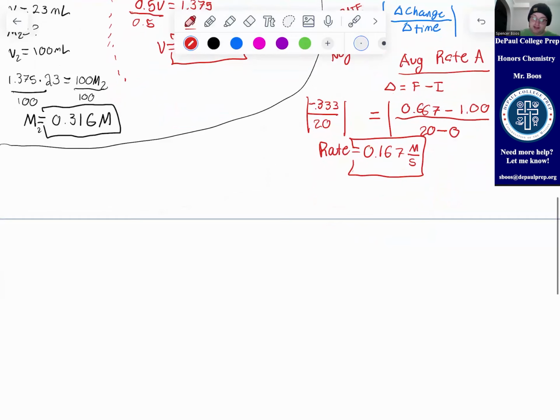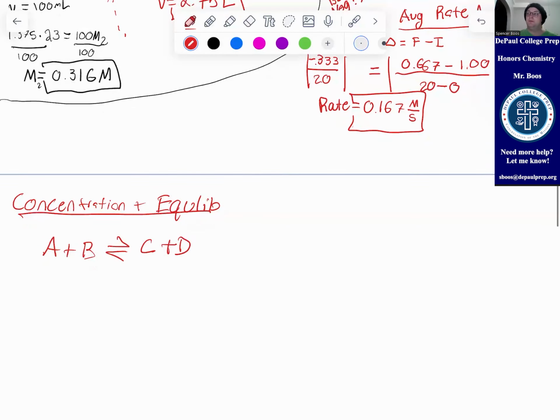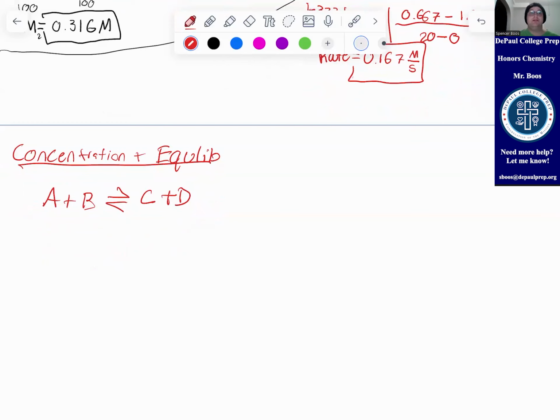So let's say, for concentration and equilibrium, we've got our generic chemical equation, A plus B is in equilibrium with C plus D. It's such a great chemical equation, I know. But with this, what would happen if, say, B was removed?